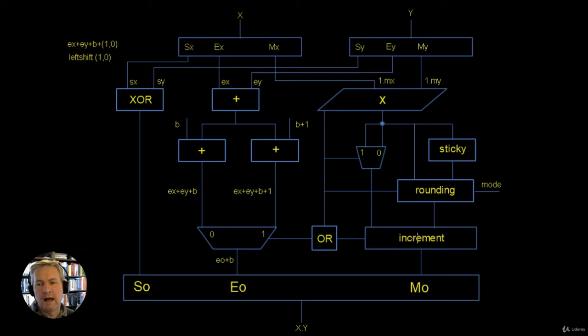So we'd have to add a value of 1 onto the least significant bit of the mantissa, and that value of 1 will potentially ripple all the way up through the mantissa. And you can see here we've also got an output here, because that value of 1 could ripple all the way up through the mantissa and then into the exponent. And this is why we have this extra section here. So this is another input to this OR gate, and this could increment the exponent by a value of 1 as well.